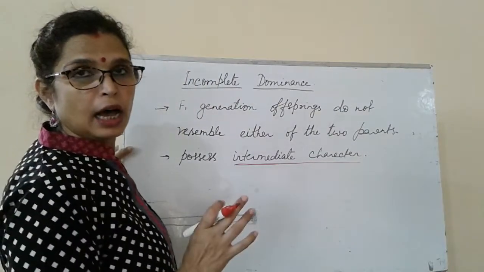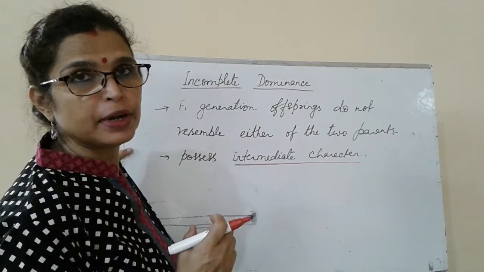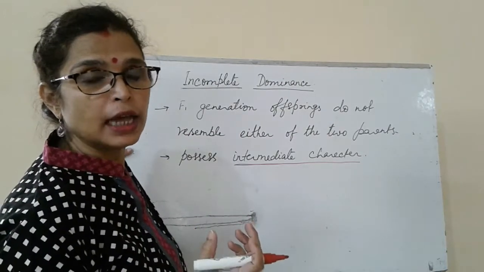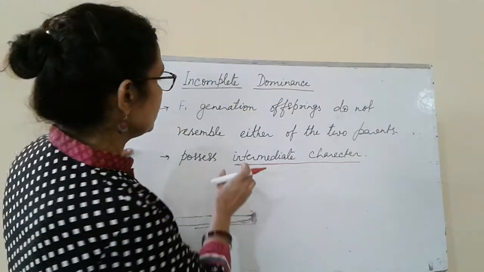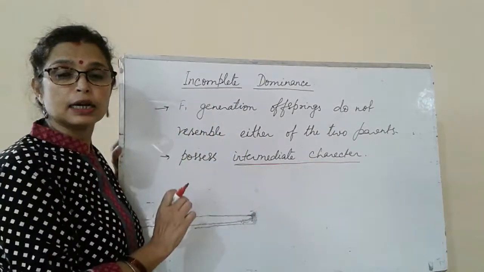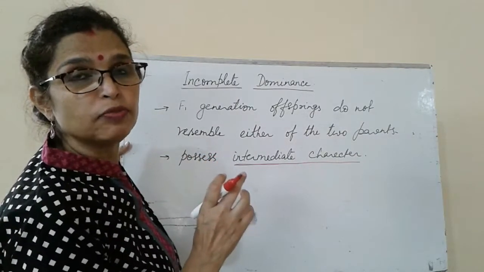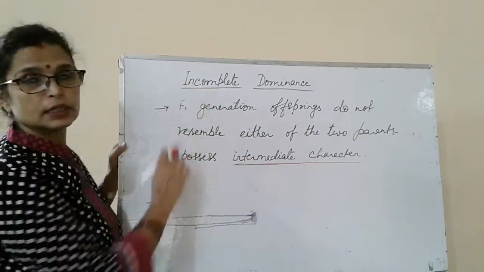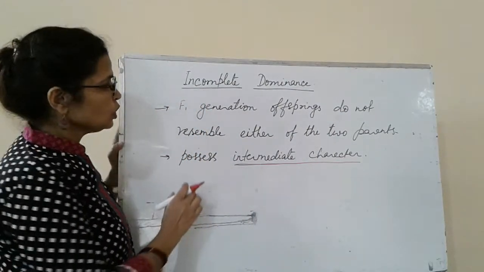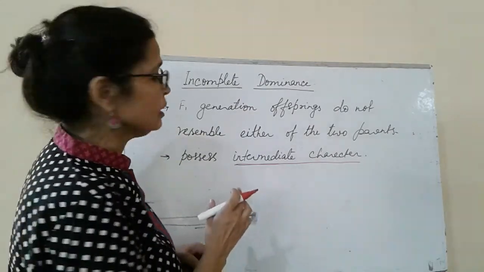Best examples are Antirrhinum species, commonly known as snapdragon or dog flower, and Mirabilis jalapa or 4 o'clock plant. We can see the incomplete dominance. And in the animal kingdom, in the Andalusian fowl also, we can see this incomplete dominance.